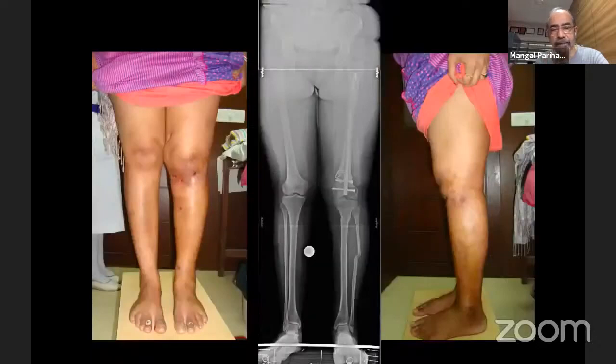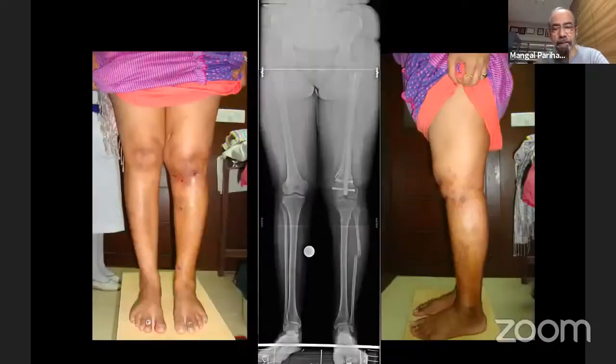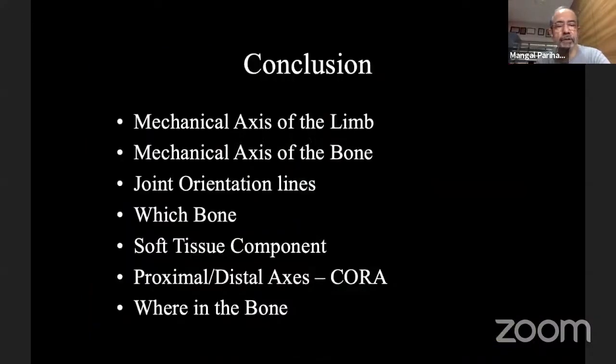We corrected that using a nail for the femur and a fixator for the tibia. Now the limb doesn't look terribly straighter, but the bone is straight. More importantly, look at the joint line. It is now parallel to the ground. So her symptoms are fine and she has no problem.